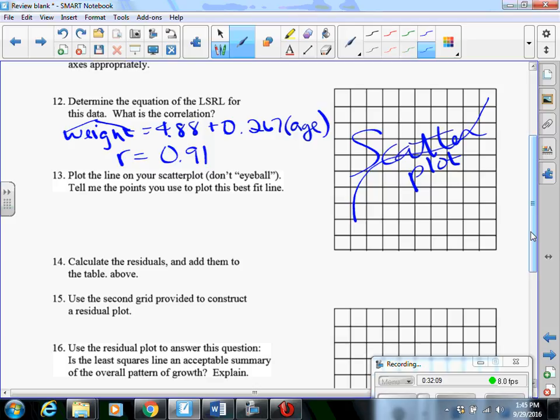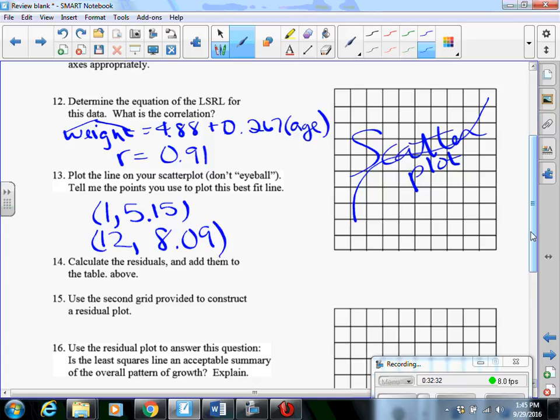Well, I gave you the line, so you should be able to put that in there. Then it says, tell me some points that you use that will best fit this line. Well, one of the points that would probably best fit the line once you draw it in there for real is 1, 5.15. And then another point that really goes through the line when you actually do it is the 12.